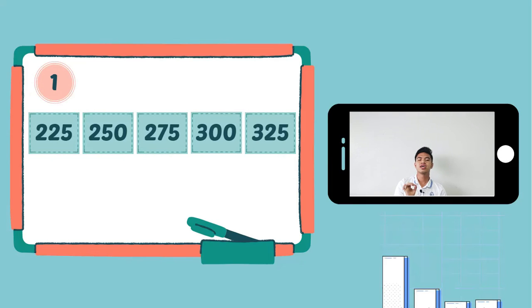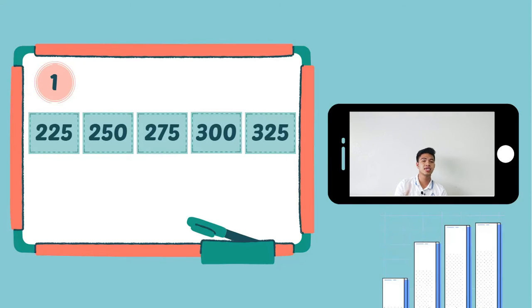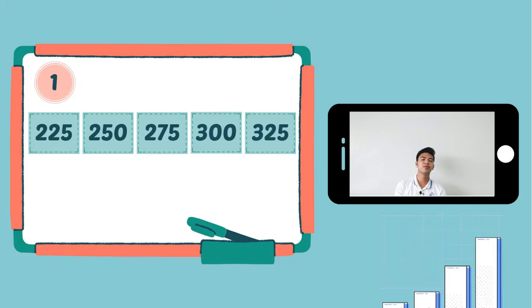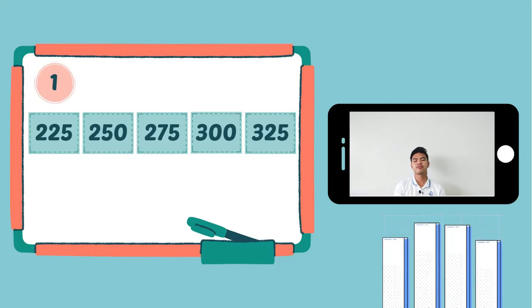And of course, all the numbers in this activity are counting up. So it is already given that it is counting up. So now we're going to find out only in what number or in what pattern do we count it up. So here we have 225, 250, 275, 300, and 325.